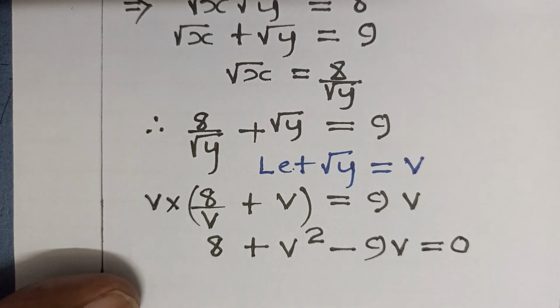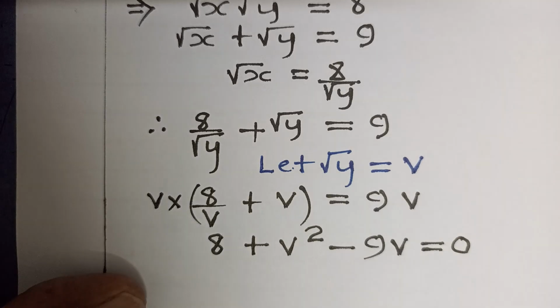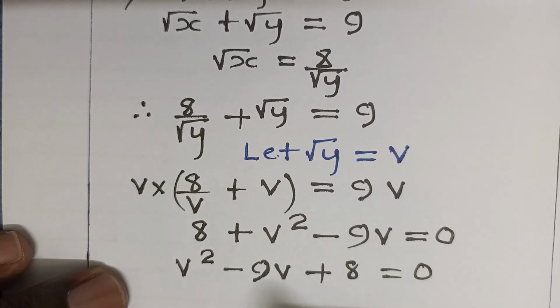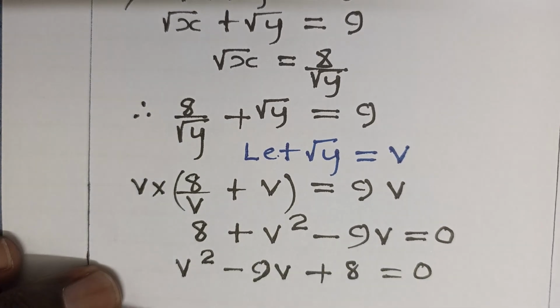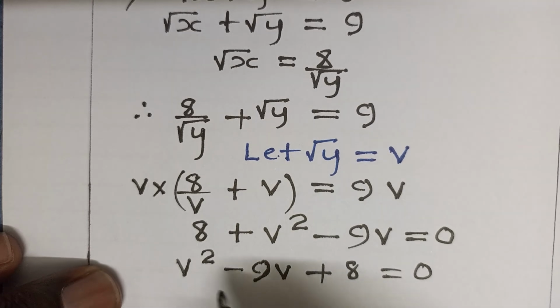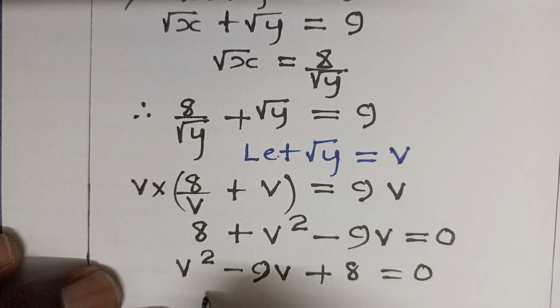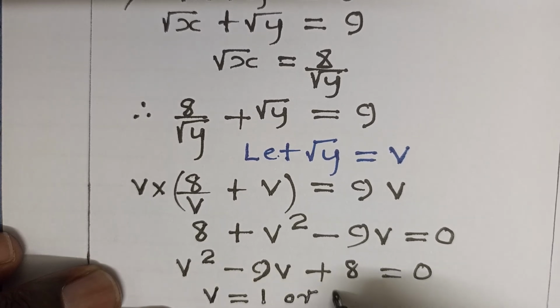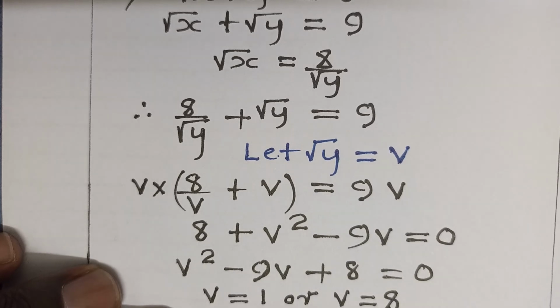And now guys, we just rearrange the equation. I can let you do it and see whether you will get something similar to mine. Because as for me, v is equal to 1 or v is equal to 8. So guys, those are my solutions for that quadratic equation.